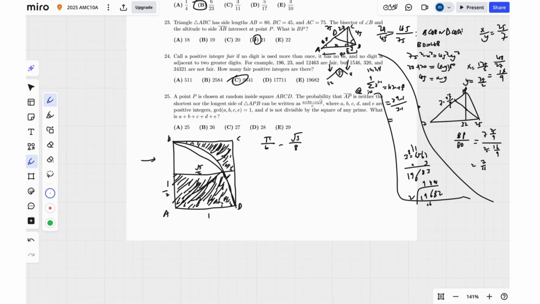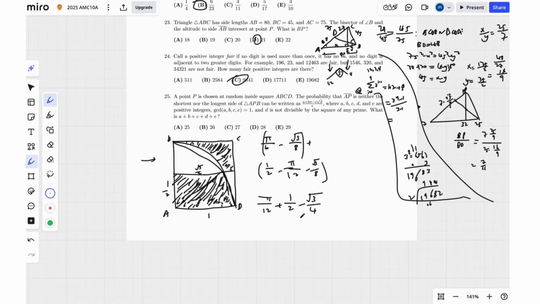And this area here is 1/2, which is this rectangle, minus this sector, which is a 30-degree this time, so it's pi/12. And then minus this triangle again, which is √3/8. So it's pi/12 plus 1/2 minus √3/4.